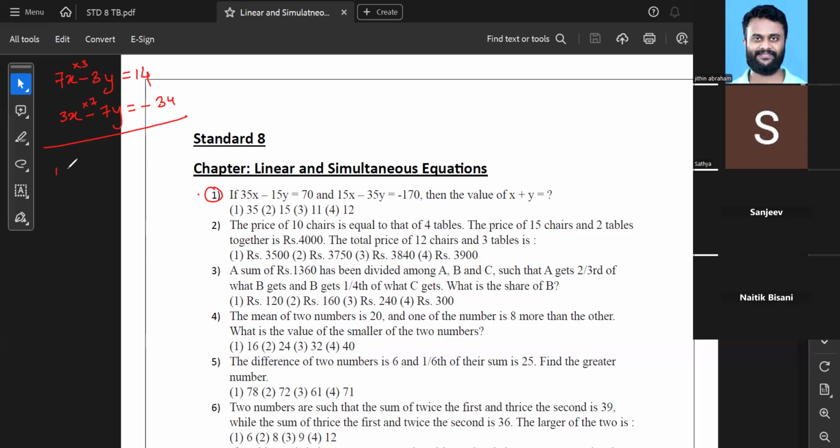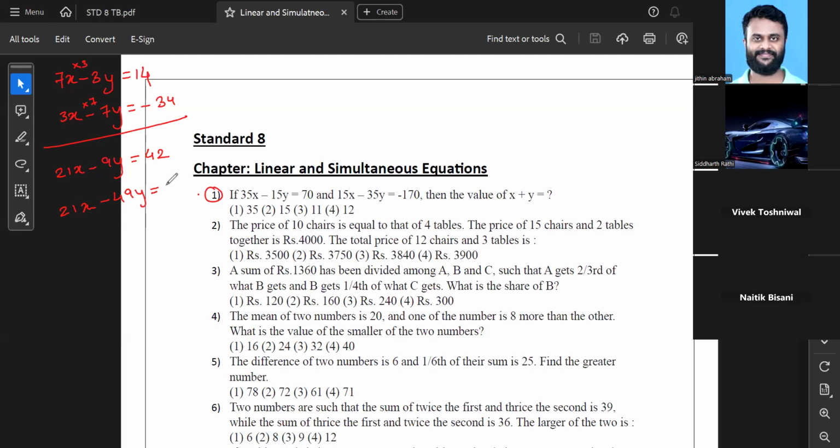21x minus 9y is equal to 42. Everything should be multiplied by 3, right? So it is multiplied by minus 3, so 9y. 21x minus 9y is equal to 42. And this goes as 21x minus 49y is equal to negative 238, I think.